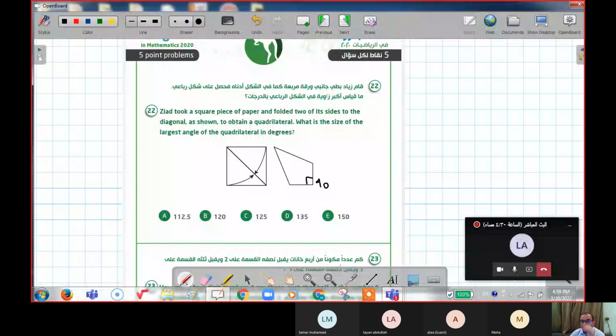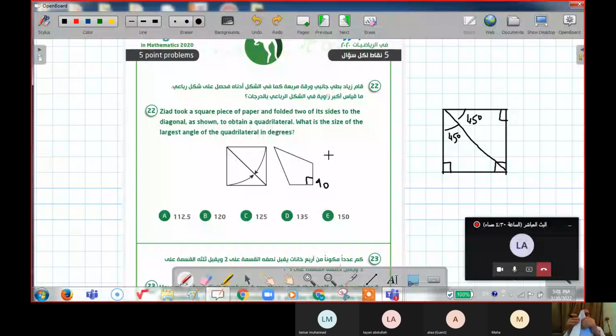Now, when you fold the paper like this, to obtain, they say to obtain what? They say to obtain a quadrilateral like this, 1, 2, 3, and 4. So this angle here, half of 90 degrees, is equal to 45.